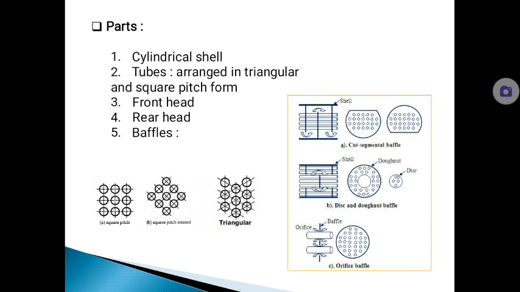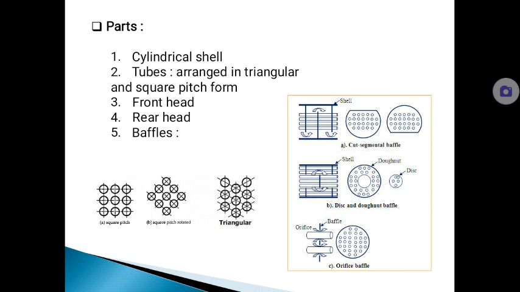But from the maintenance point of view, the square type of pitch arrangement is beneficial because it is advantageous for cleaning these tubes from inside or outside. So from the economical point of view, the number of tubes and heat transfer rate are important, so the triangular arrangement is preferred, and for the maintenance point of view, the square pitch arrangement is preferred.